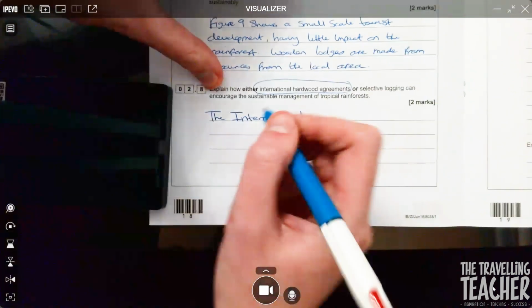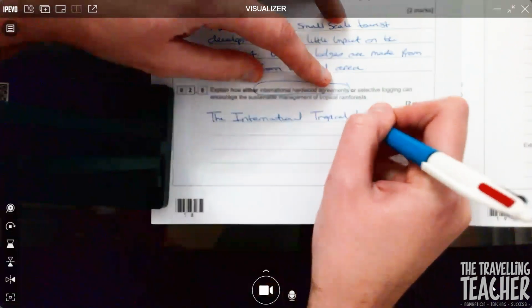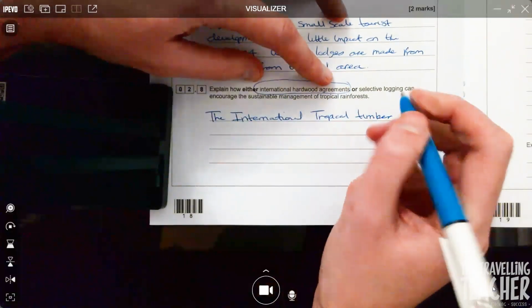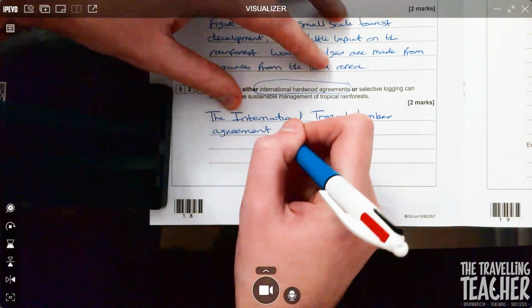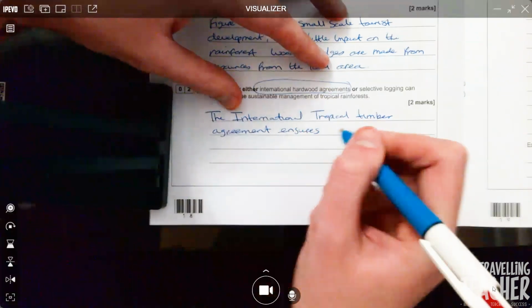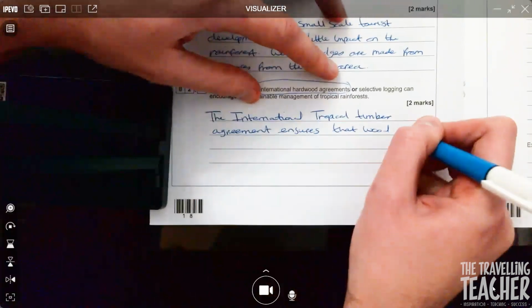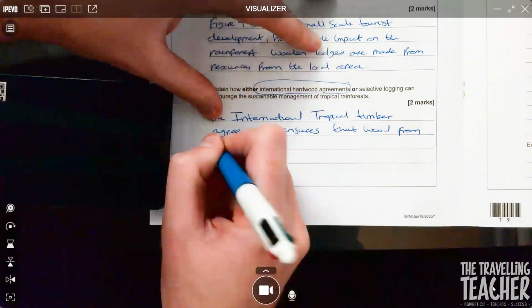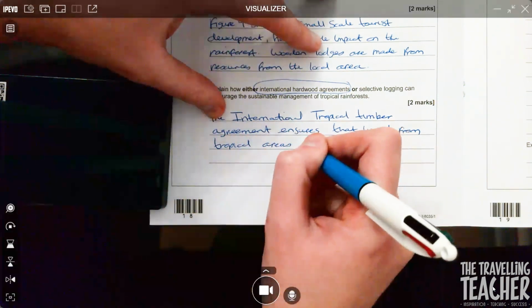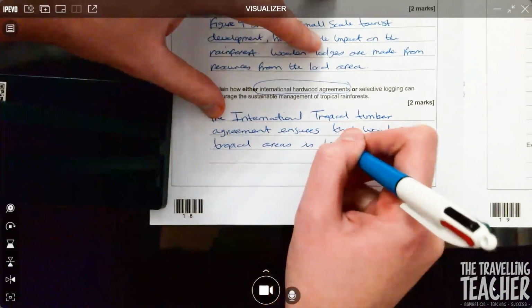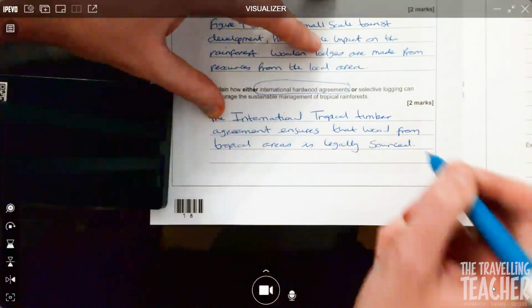The International Tropical Timber Agreement ensures that wood from tropical areas is legally sourced.